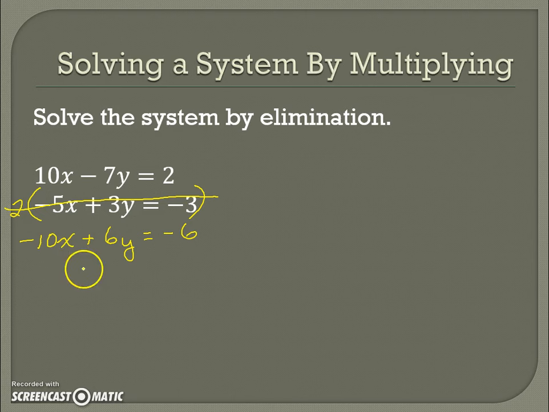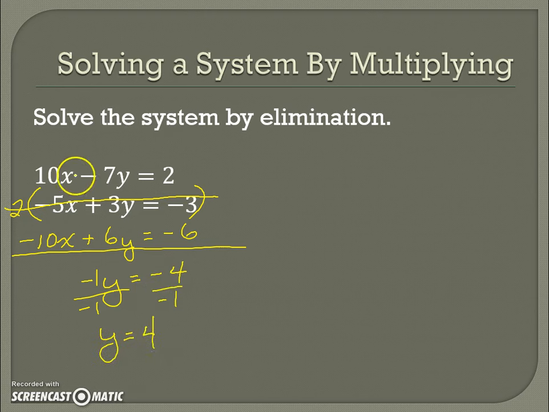And now I know I'm looking at this to this. So here I have this, those eliminate. I have -7y and 6y is -y or -1y. And then 2 minus 6 is -4. Divide by -1. And I get y equals 4. Then I substitute back in here.